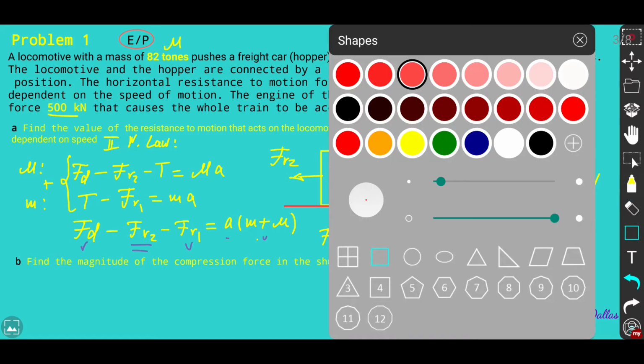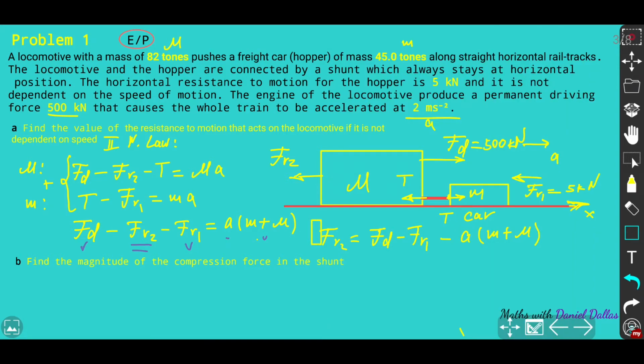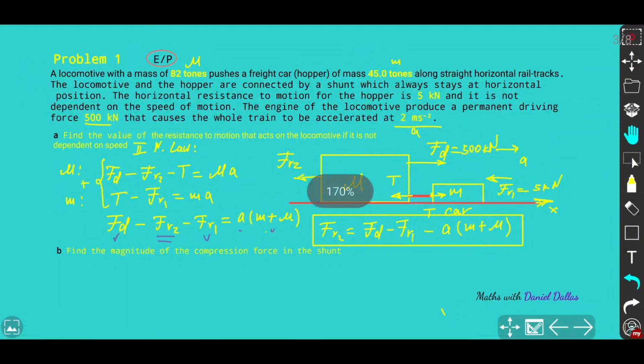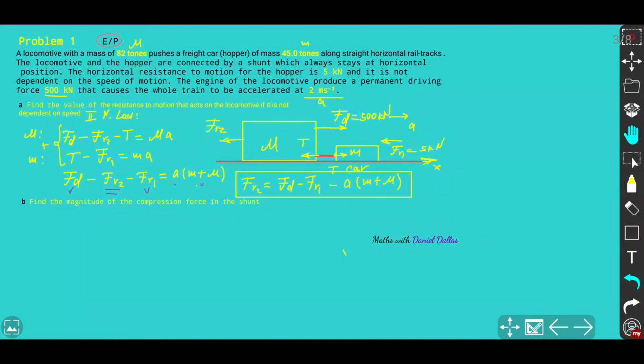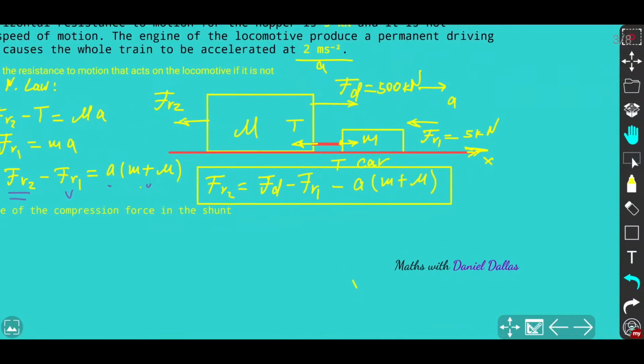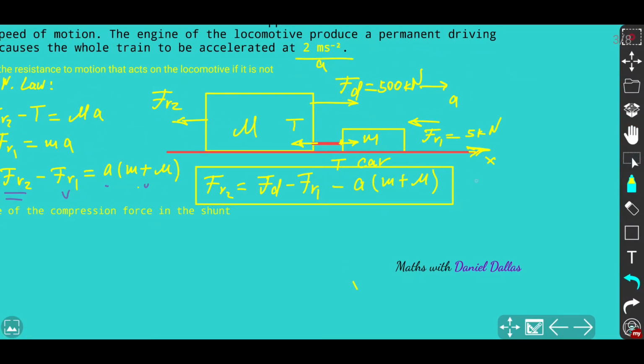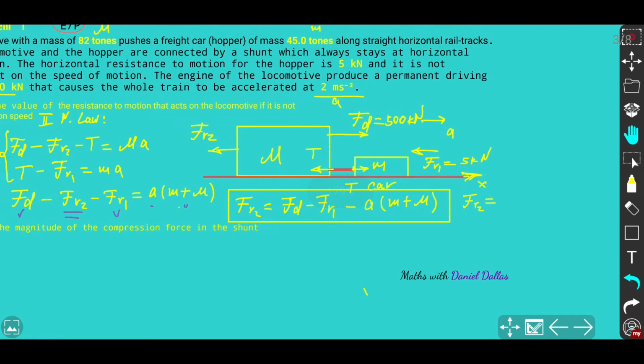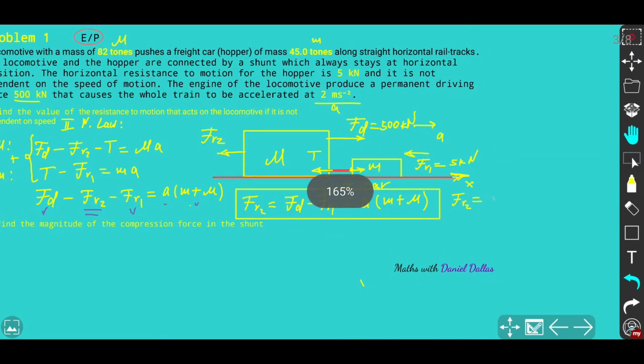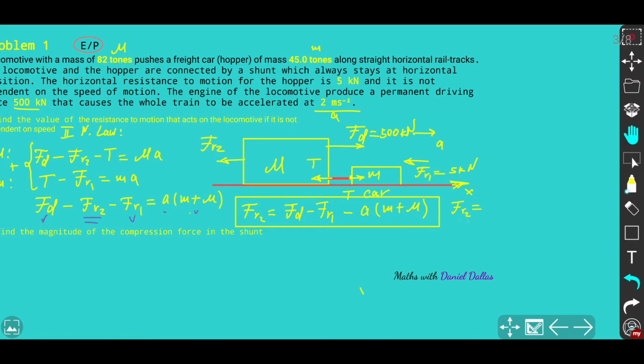For the purpose of comparison, I'll put it in a frame in order to see what we have here. All right, so let's do it right now. For the sake of consistency, I'll go a little bit here, because we've got that. And now the left side is our force, and I need to calculate. So what I have is 500 kilonewtons. I'll use kilonewtons as the units for the force.